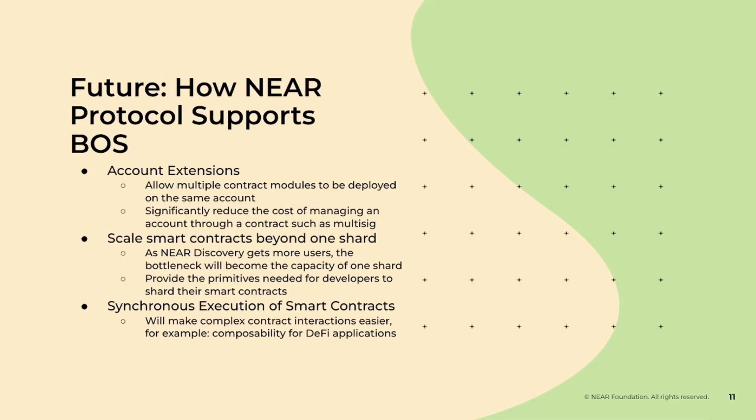And finally, while Near's asynchronous execution model enables us to do a lot of the scaling, and a lot of our success can be attributed to that, we do understand that for some developers, especially DeFi developers, having the ability to compose things synchronously is a great advantage to make things easier and also safer to do. So those are some of the things that we're looking into in terms of implementation in the future.